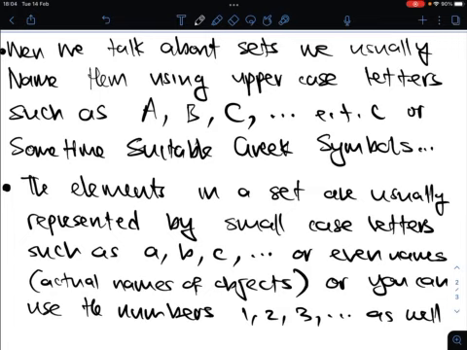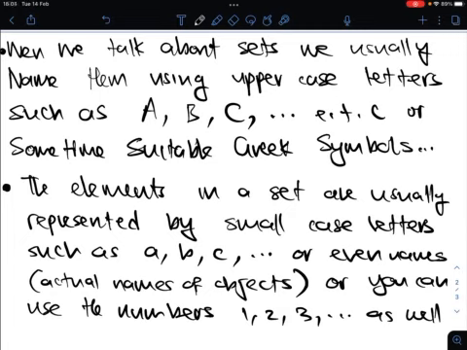There are times where we don't want to talk about the set itself, but we want to refer to a particular object contained within a set. Objects in a set, we always choose to represent using the lowercase letters of the alphabet like a, b, and c. Or when that cannot be done, you can refer to them using their actual names. When it's a set of animals, you will just state the name: a tiger, a cat, and whatever else is contained within that set.